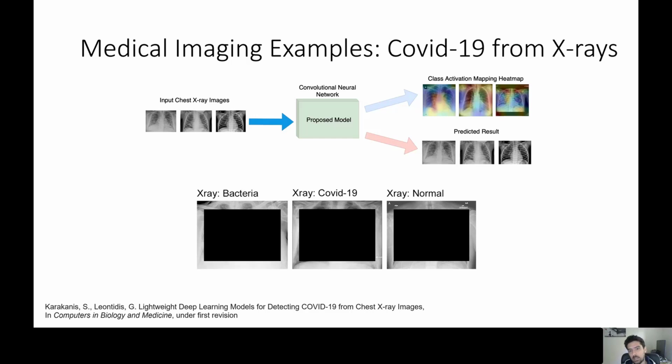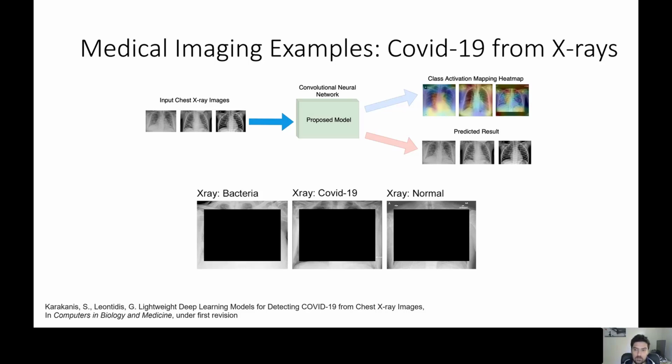What you see in the first figure on top is a blue arrow pointing to some images called class activation mapping heat maps. This is a system that you can embed in your medical imaging pipeline, and it can give you indications through a heat map on which areas within the image were the most important for predicting the specific outcome.